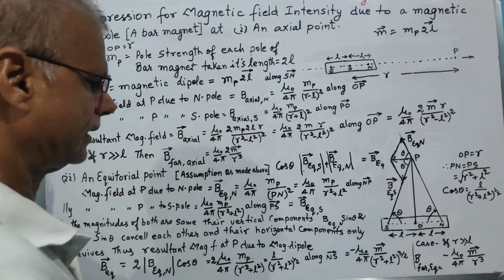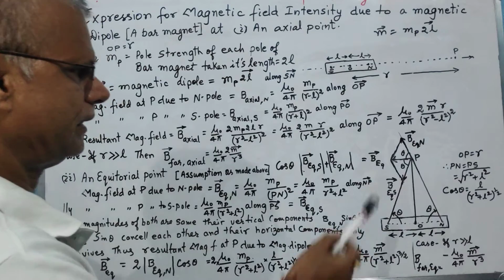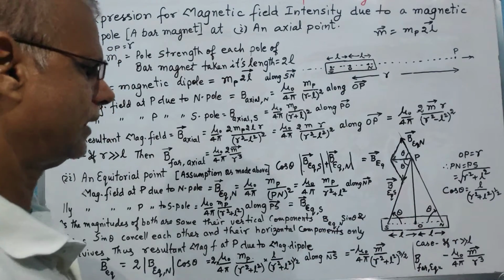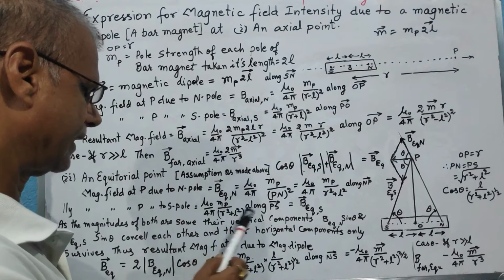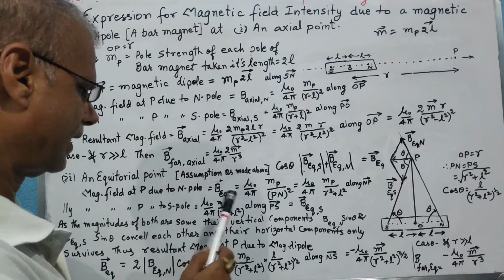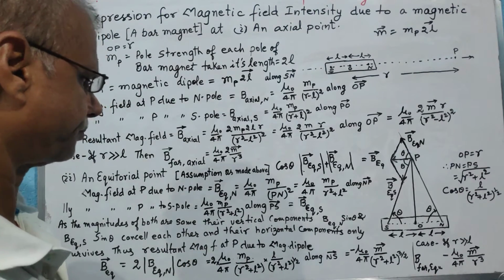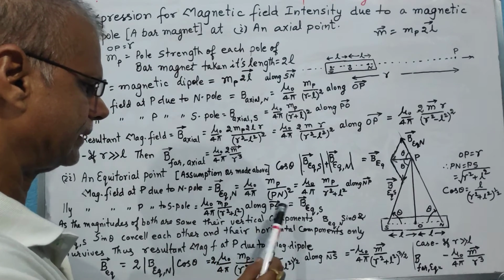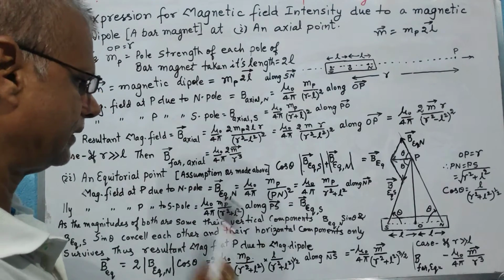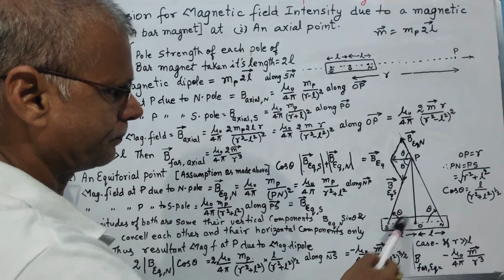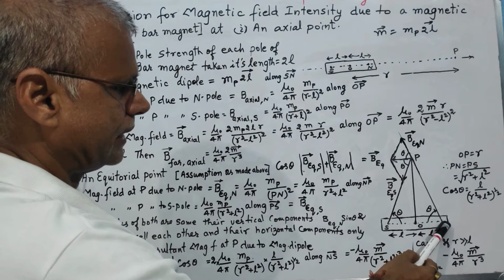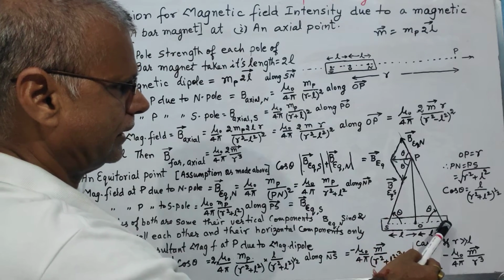SP is nothing but PN, which is the square root of r square plus l square. Squaring that factor, the root cancels and it becomes mp by r square plus l square. But in this case the direction of the magnetic field intensity due to the south pole is along P to S, whereas that due to the north pole was along N to P.